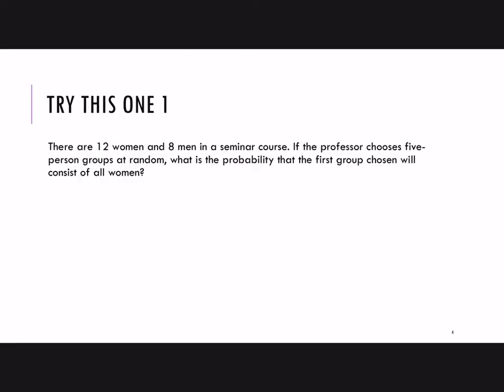Okay, let's look at another example. There are 12 women and 8 men in a seminar course. If the professor chooses 5-person groups at random, what is the probability that the first group chosen will consist of all women? So we have the probability of choosing all women.